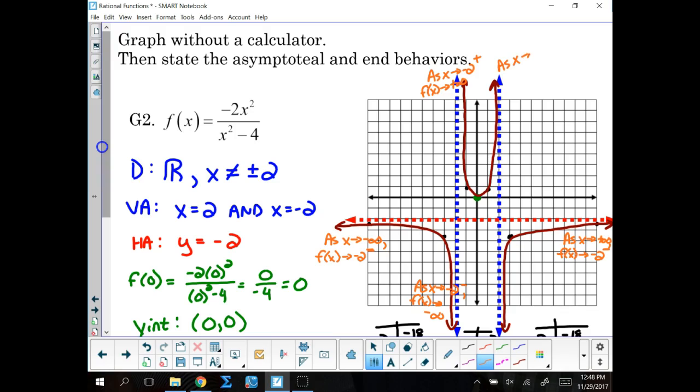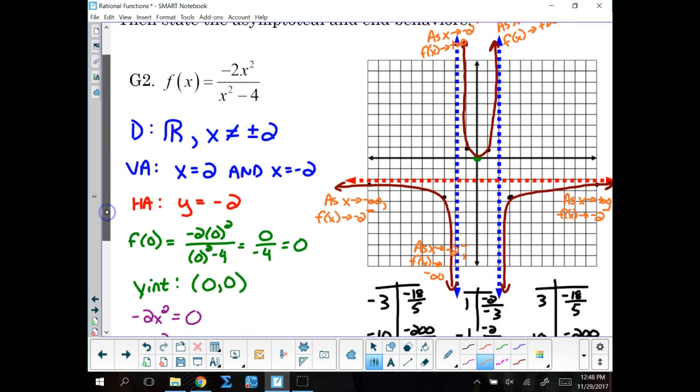As x approaches 2 from the left, our function goes to positive infinity. As x approaches positive 2 from the right, our function goes to negative infinity.